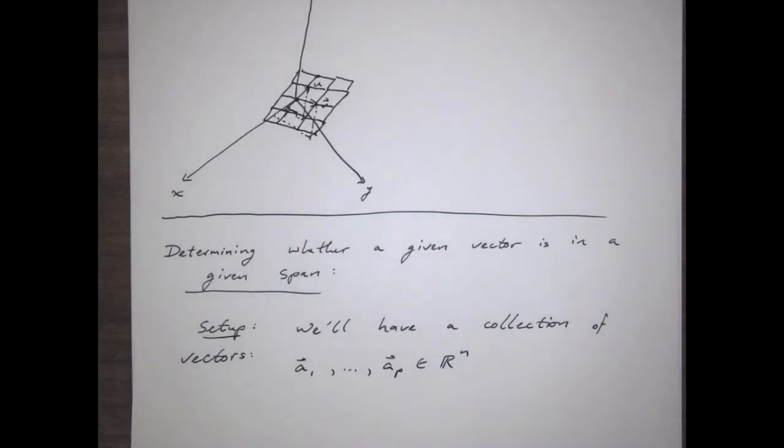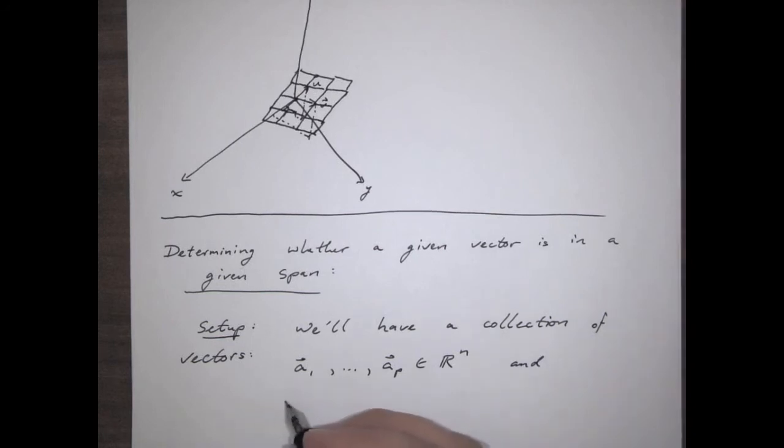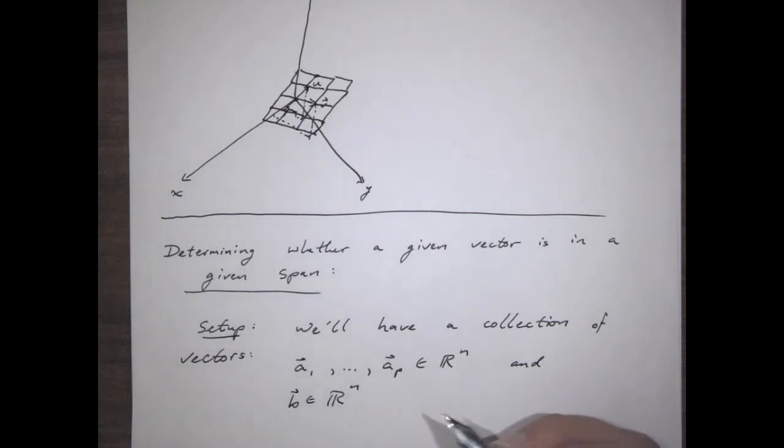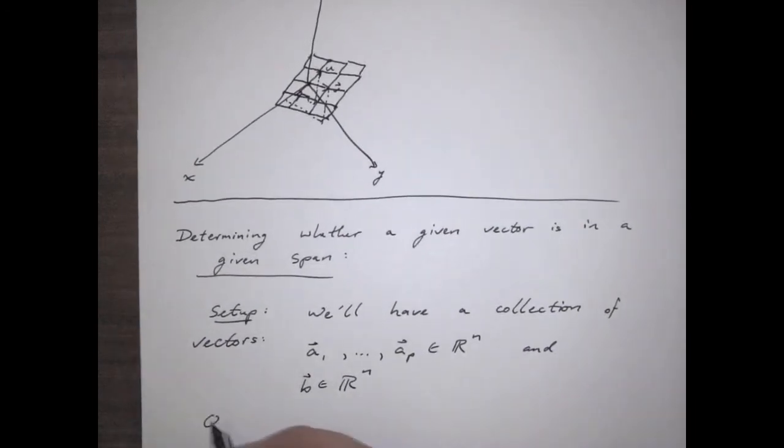So they'll all be of a certain dimension. And then B also in Rn. So then we'll have some other vector. And the question will be, is B an element of the span of the A's, A1 up through AP?